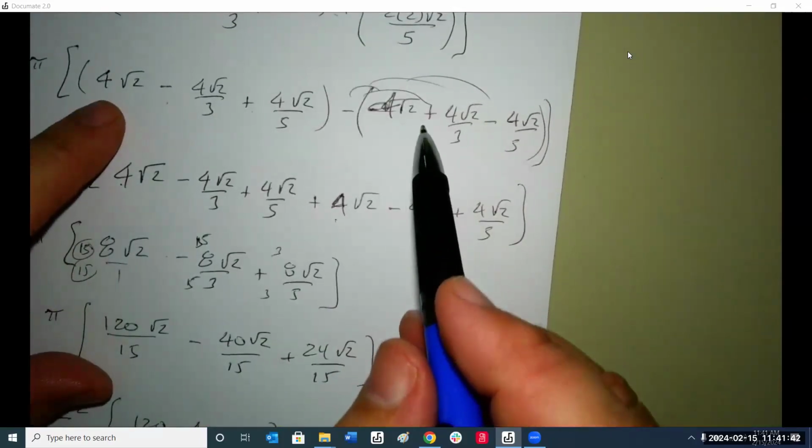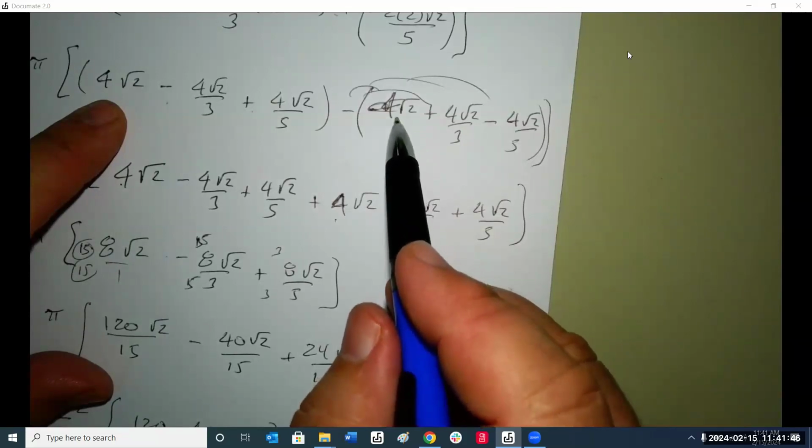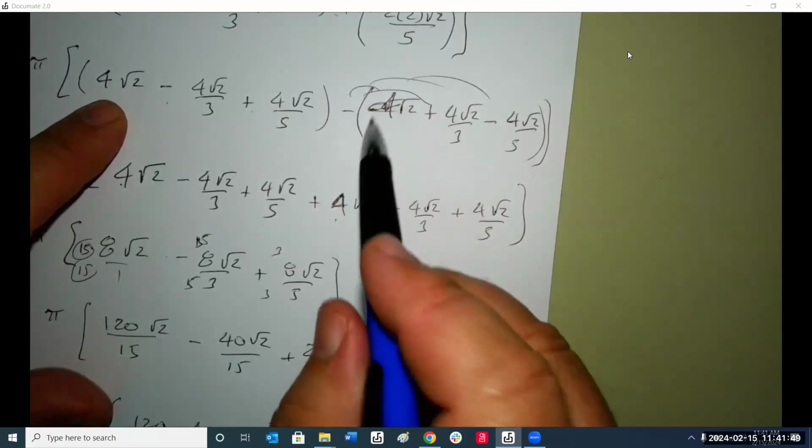Put the negative ones in there. It's negative 4 radical 2, so it becomes a positive.